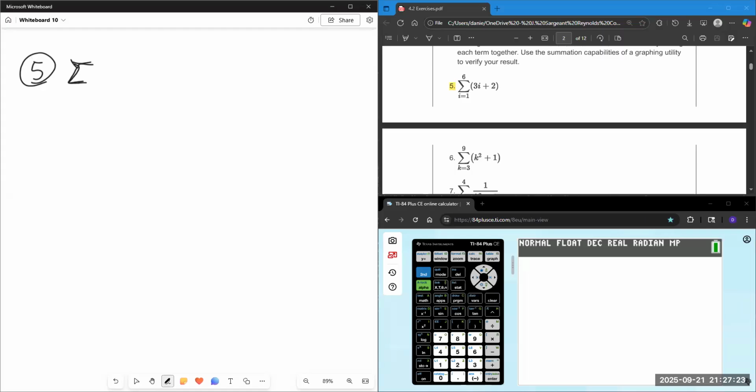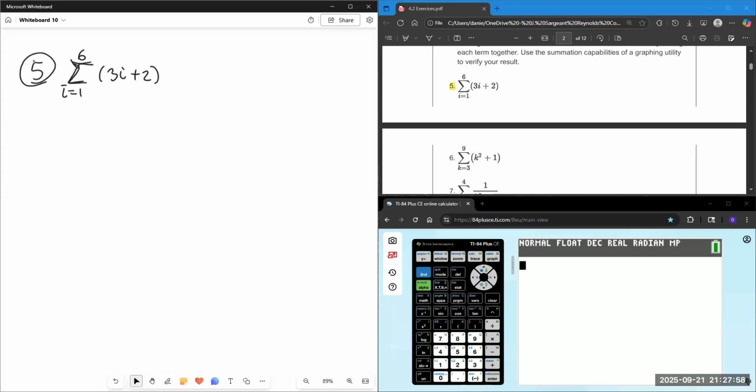This is i equals 1 to 6 of 3i plus 2. And the capital sigma is for summation. So we usually use a Greek letter that's the same letter, same sound as the word it stands in place of. So S, Greek letter S, sigma for summation.